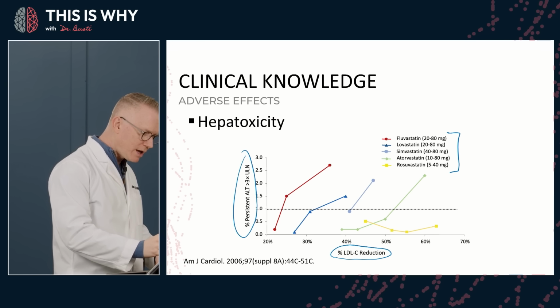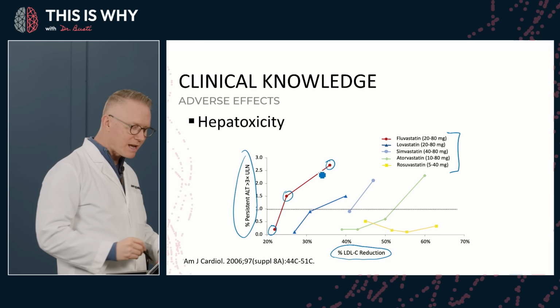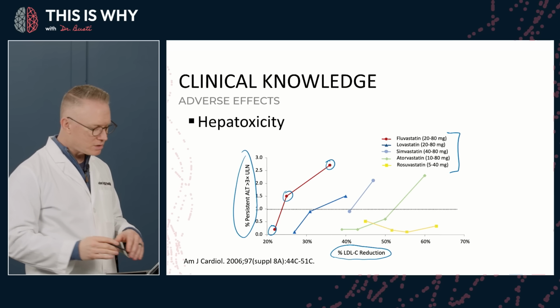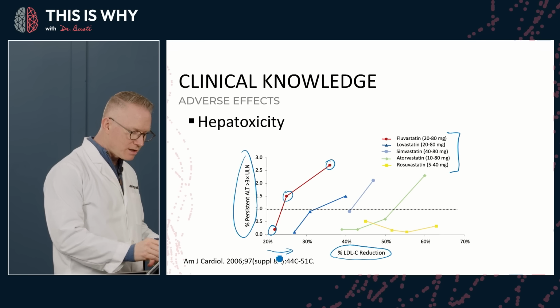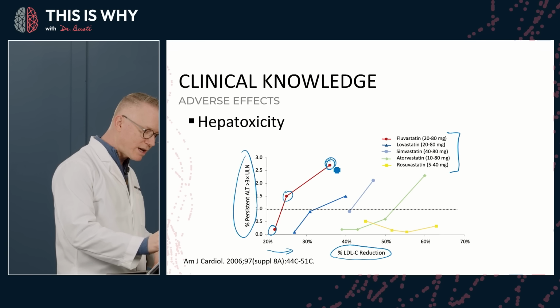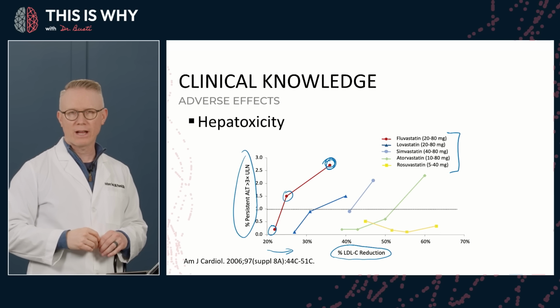Now, what are these? Let's look at fluvastatin, this red line here. Each dot here represents a dose. So as you increase the dose, you're increasing the LDL reduction, but you're increasing the risk of liver enzyme elevation.